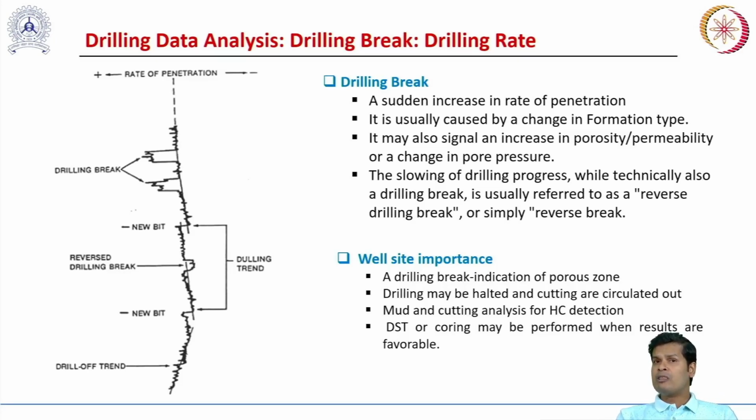If all the operational characteristics are constant, that means our weight on bit and the drill string design are constant, we are applying the same pressure from the surface, and we are maintaining the same drilling fluid injection rate, then the rate of penetration should depend upon our rock characteristics. In that case, if the rate of penetration increases, it should be taken as an indication of a change in rock type, and we are entering from a low porous formation into a high porous and permeable formation.